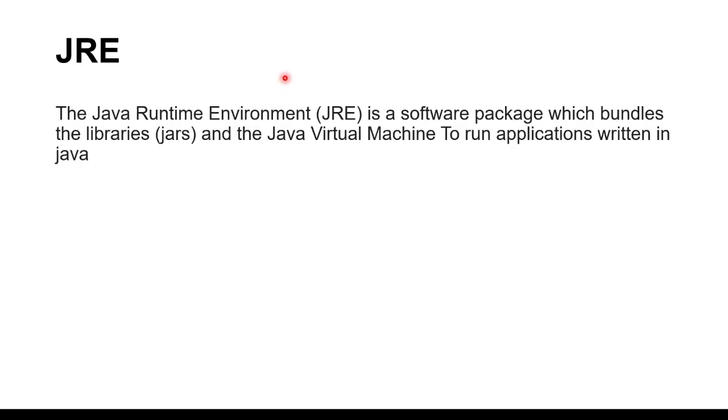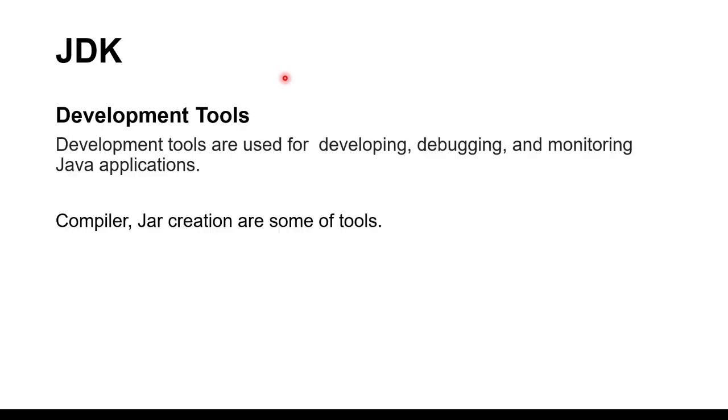We have seen JRE now. The next is JDK. In the image we saw that JDK contains JRE plus development tools. We have just seen the purpose of JRE, so now we will see what the development tools are.